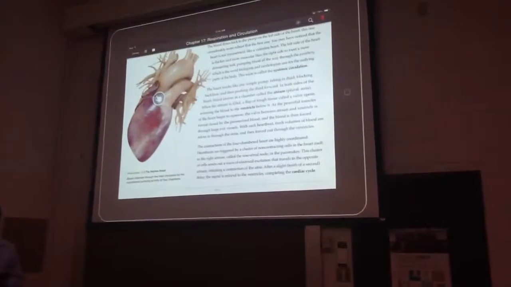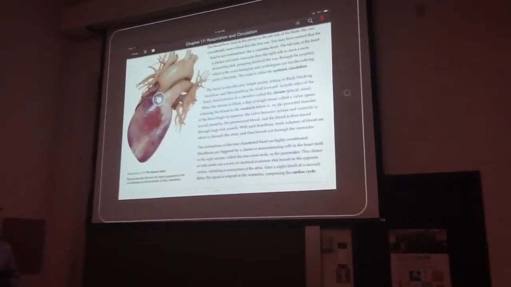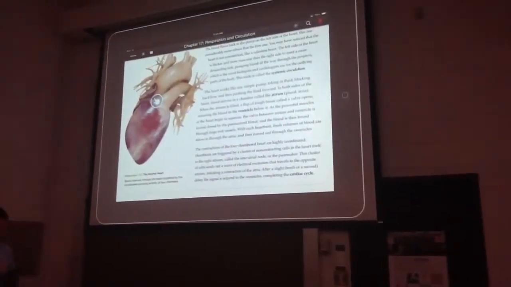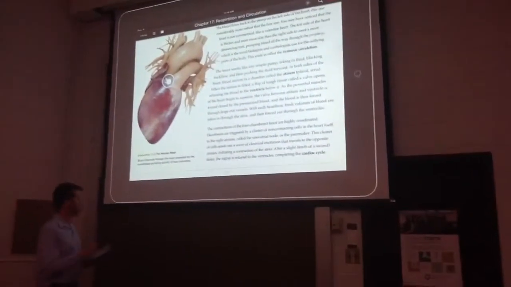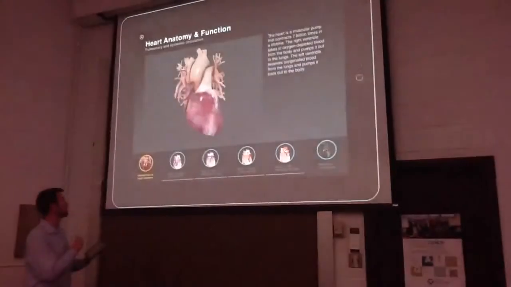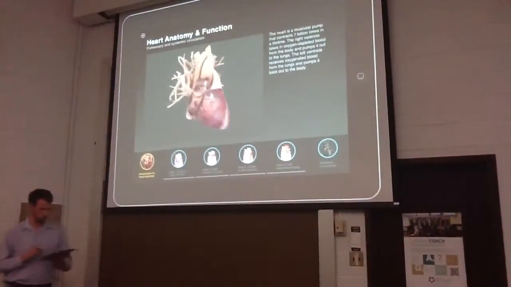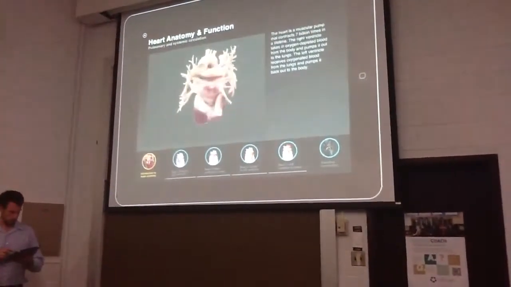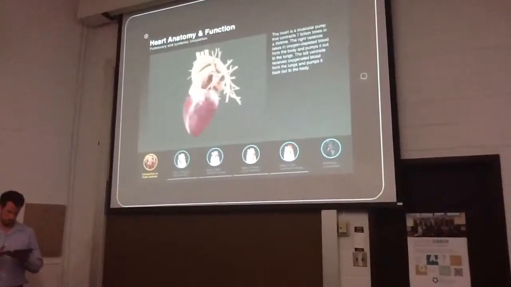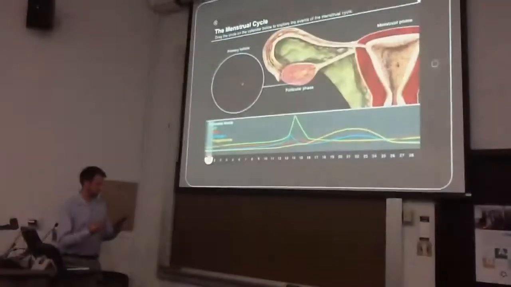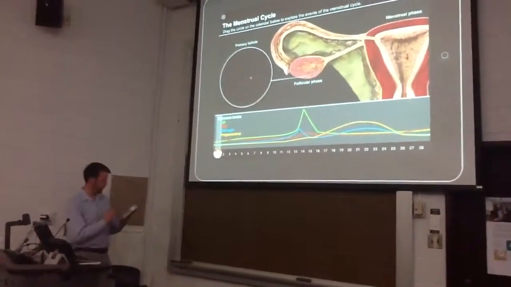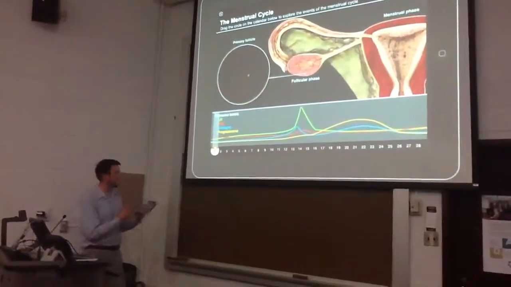Students have the opportunity to use this instead of another textbook to save a lot of money and still get the content. So the cool thing about iBooks, electronic books, is the fact that you have a lot of interactivity built in. So I click on this over here, human heart, and a diagram basically of the menstrual cycle, and it shows a variety of different things.